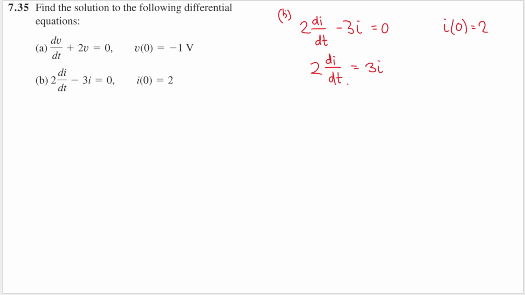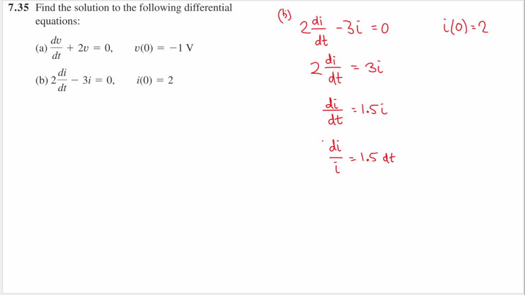And we can divide both sides by 2, so we will have di over dt is equal to 1.5i. Okay, now we can swap this i and dt, so we will have di over i, and that will equal 1.5 dt. And this is good because we have all the i on the left hand side and all the t on the right hand side.